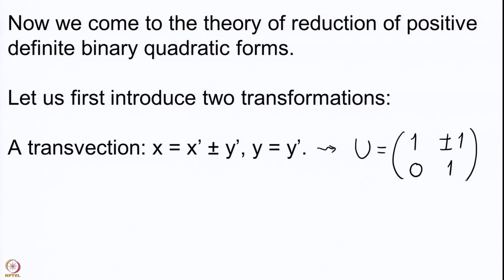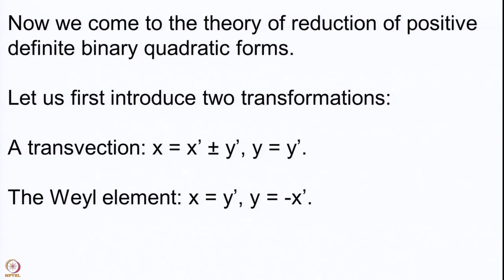You may obtain, writing x in terms of U x prime where U is this, and you will see quickly that x is x prime plus or minus y prime and y remains the same, it is equal to y prime. These matrix elements are called transvections. So, we call this a transvection. It can be plus or minus, there are two possibilities.